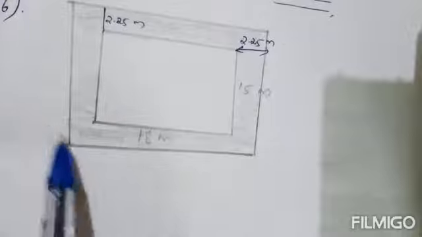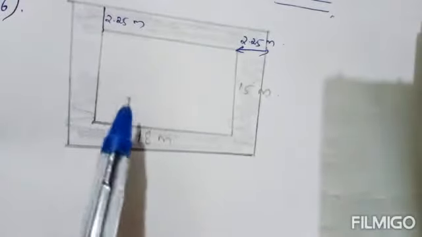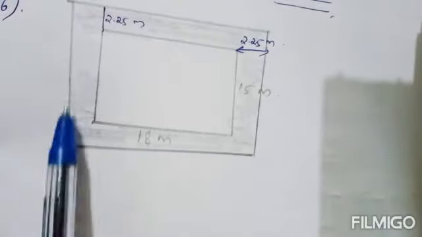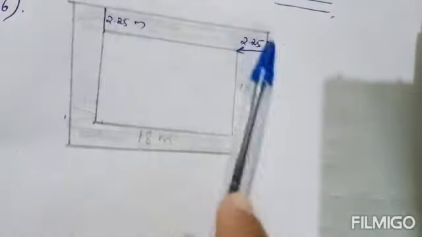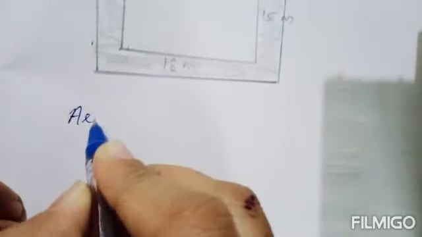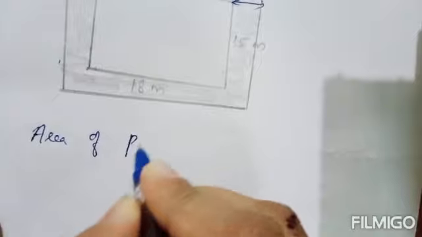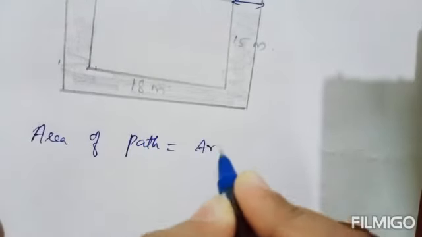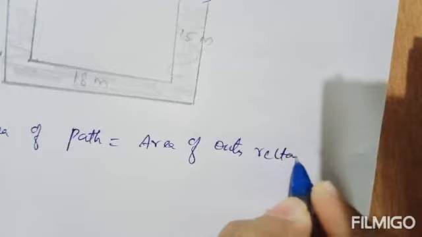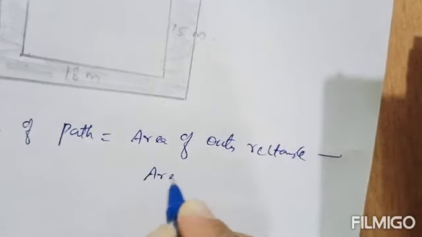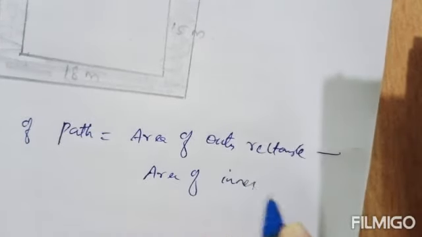So here you can see a rectangle is given, and another rectangle. Outer rectangle minus inner rectangle, you can find the area of the shaded region. So how can you find it? Area of path equals area of outer rectangle minus area of inner rectangle.